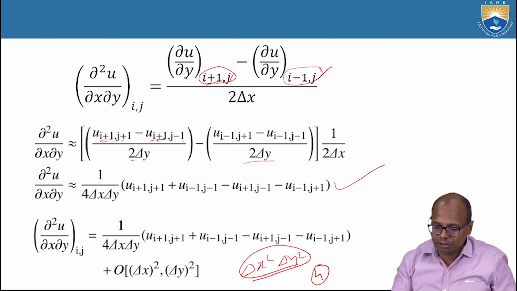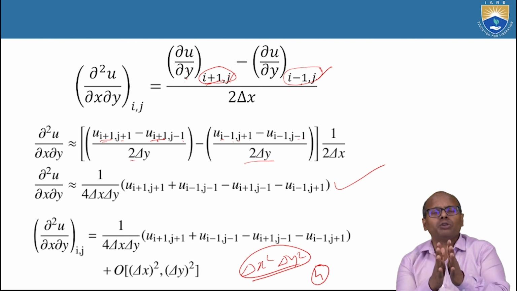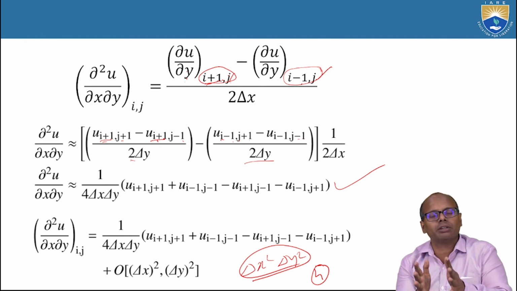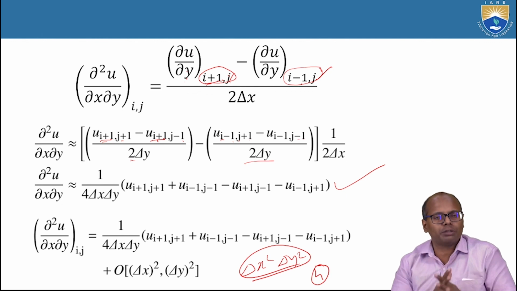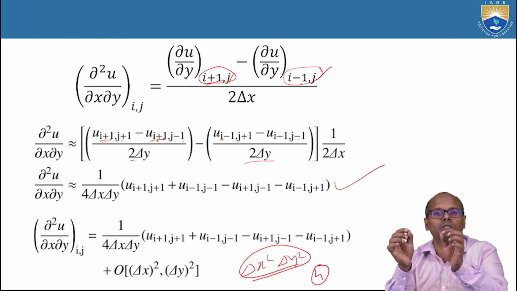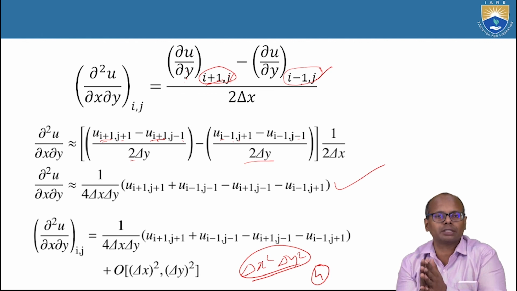To summarize, in this class we have seen what we mean by discretization, and in that, what the finite difference is. In finite difference, we take two nodes and the partial differential term is replaced by finite differences.